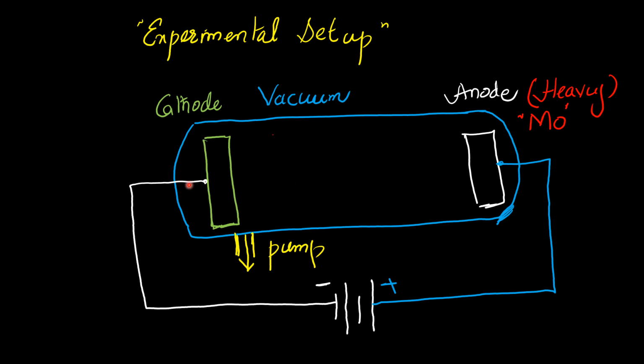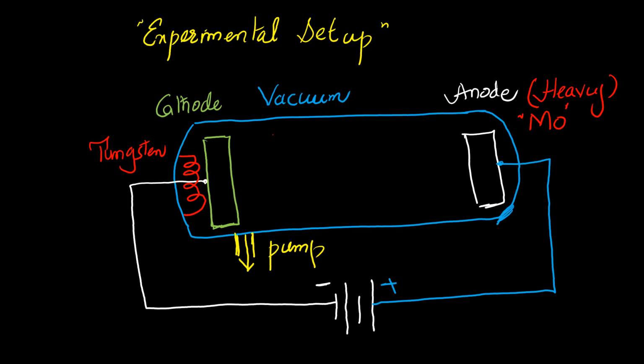Dear student, please keep in mind that usually the cathode present in a glow discharge tube is connected with a filament. Usually, it is a tungsten filament which is used to heat the cathode in order to generate highly energetic electron beams or electrons.